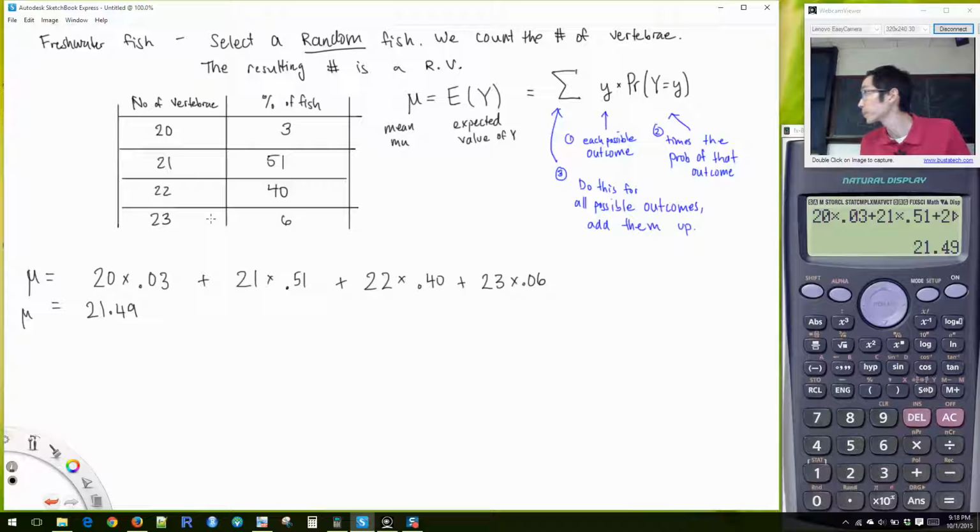Since this is a sample and not a population? This is a population. This table represents the distribution in the population. Okay, so again, this is just a textbook example that we're making up, but this is the table of the distribution of fish in the population.